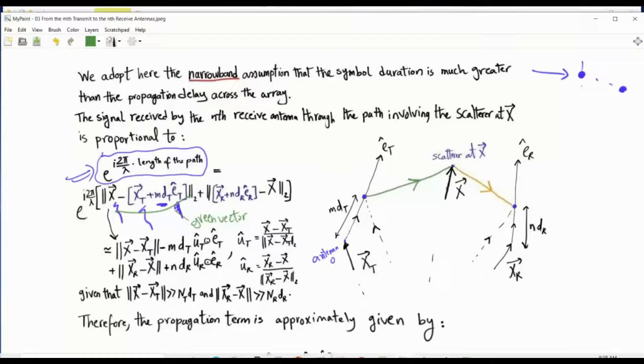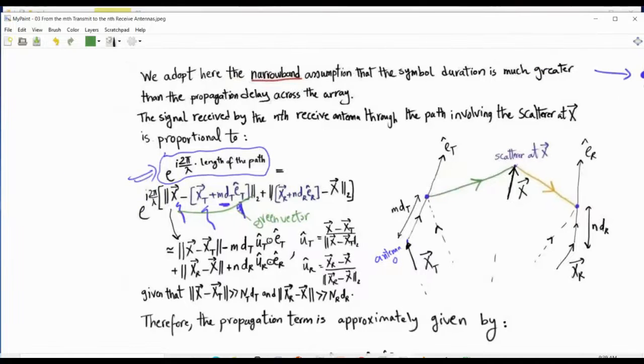And the orange vector will be this difference here, again using similar reasoning. So the L2 norm is annoying because for the L2 norm of a vector, you square the components, then you sum, then you take the square root. We don't want those square roots and so on, so we will just apply our approximation.